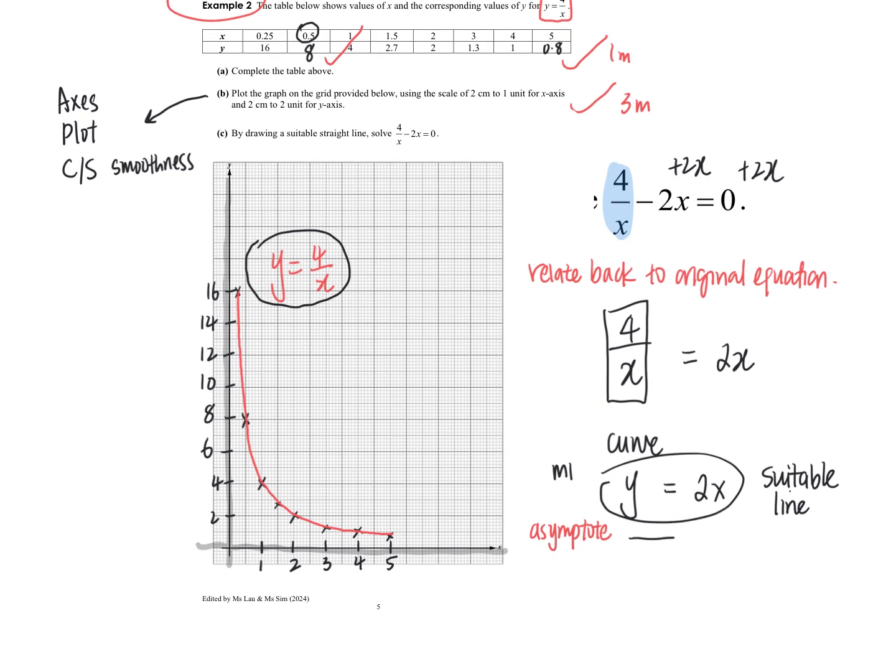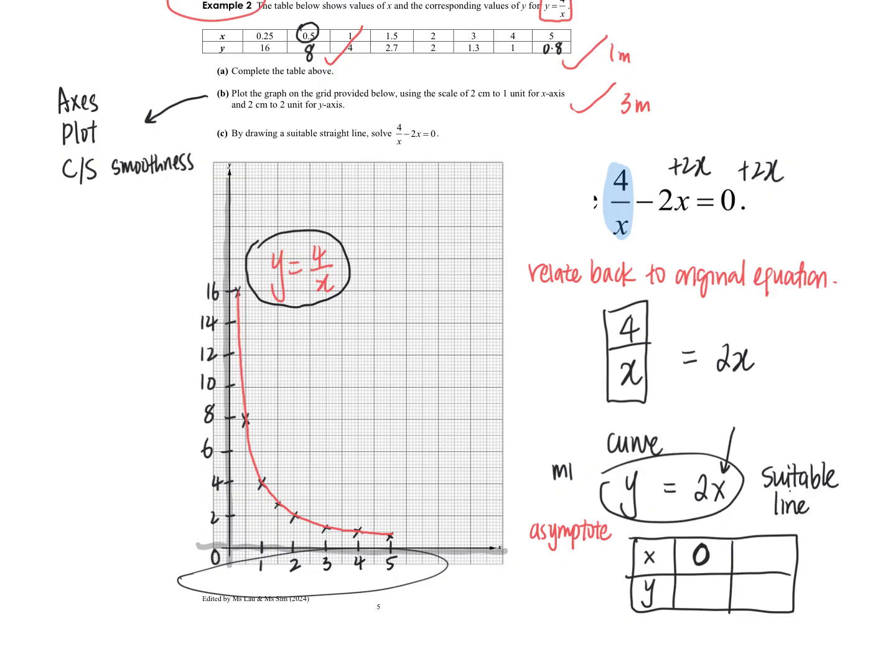So when you draw out this line, you need to create a table of values. Sub in any 2 x values you can see here. In your given range, you only have 0 to 5 to choose from. Don't go and choose 10 because it's out of your scale. So any number you like. Let's say I choose 0. When I sub in 0, this is 0.